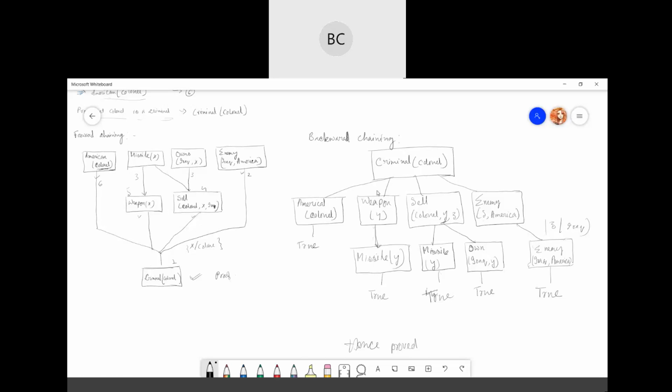So forward chaining aims for any conclusion. It can give you any conclusion, but backward chaining only aims for the required data to fit the goal.